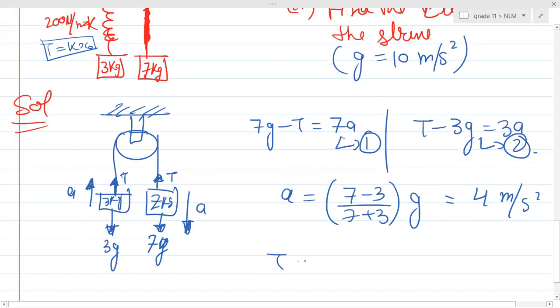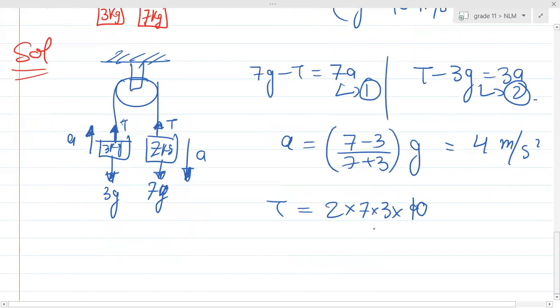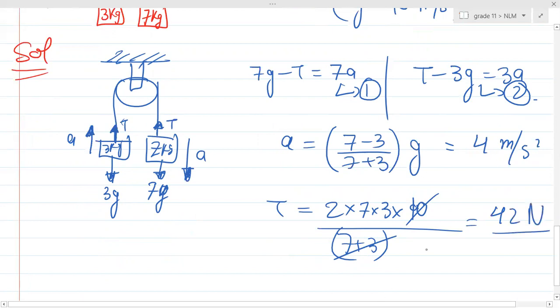So acceleration is this. What is the tension? 2 m1 m2 g divided by m1 plus m2. So 2 into 7 into 3 into 10 divided by 7 plus 3, and this 10 will get cancelled. 7 3s are 21 and 42 Newton. This is basically your tension in the string.